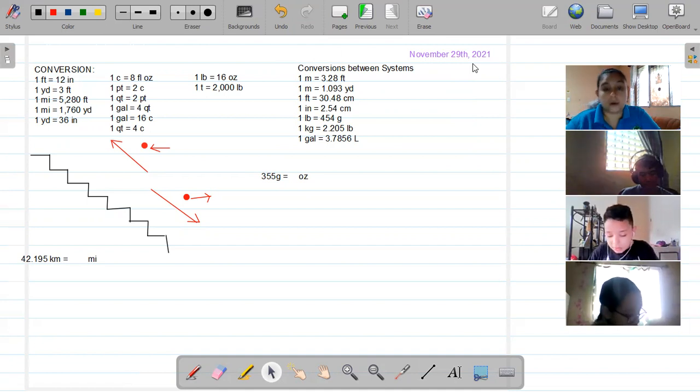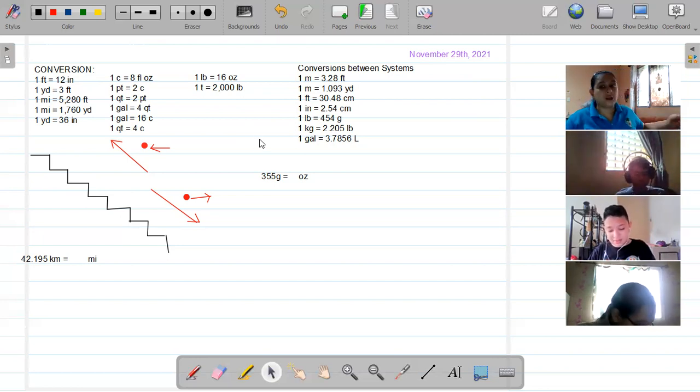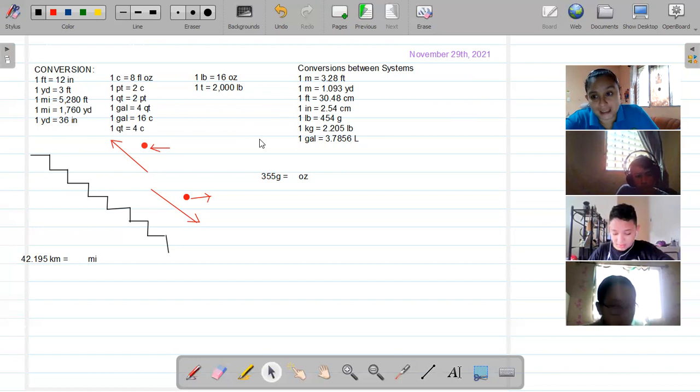Okay, that's what we're missing. So that's why I'm telling you that 1 foot is 30.48 centimeters. I'm also going to tell you that 1 inch is 2.54 centimeters. Okay, those are the ones for length.